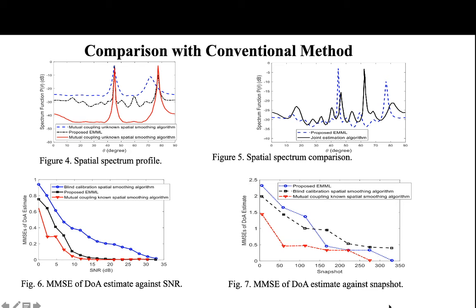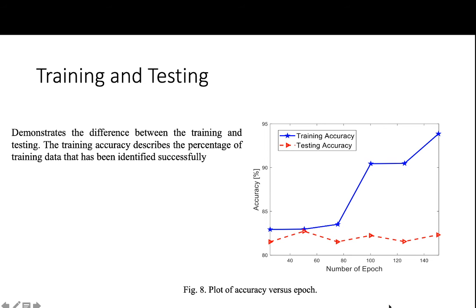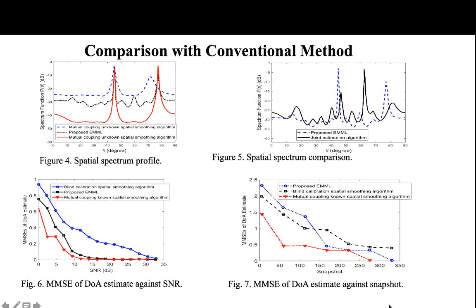You can see that this is a good behavior or profile, and then we can see the result, the RMSE of the DOA against the SNR. As we can see, our result performs better than the mutual coupling low spatial smoothing algorithm, but shares a close profile with the blind calibration spatial smoothing algorithm.